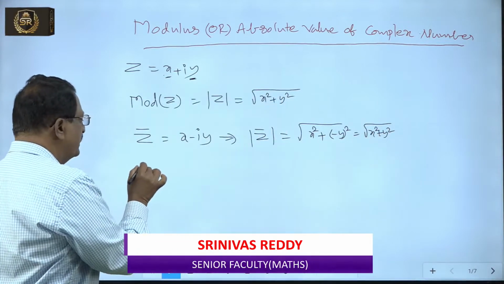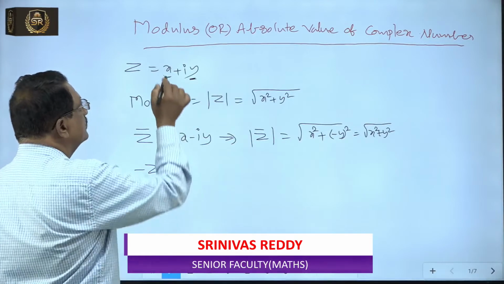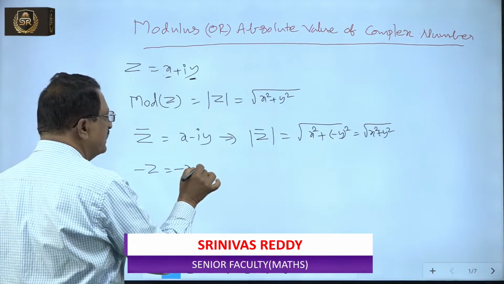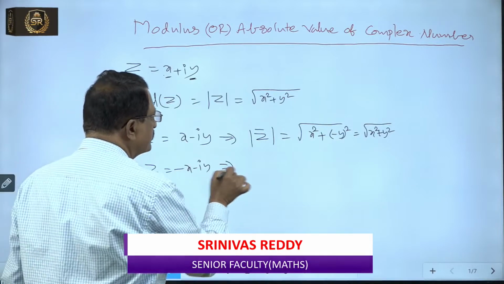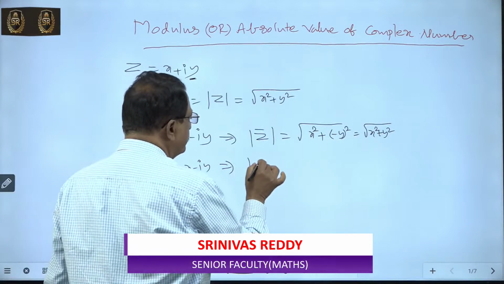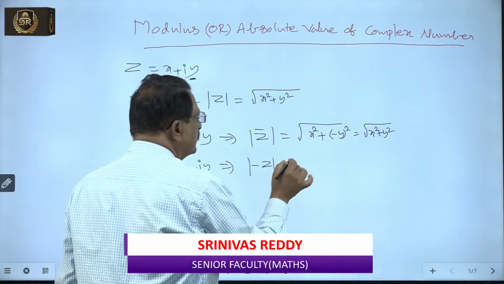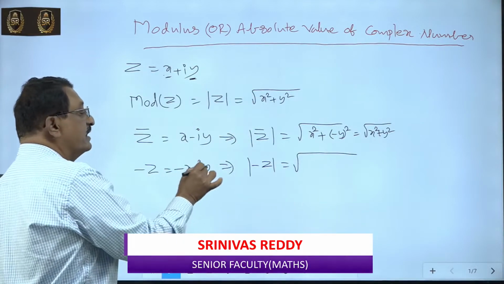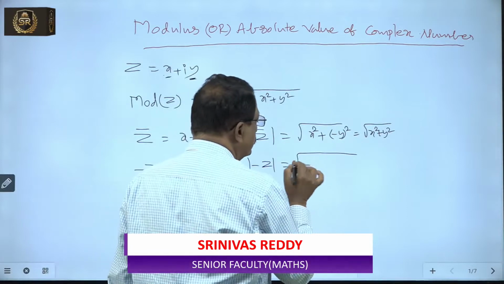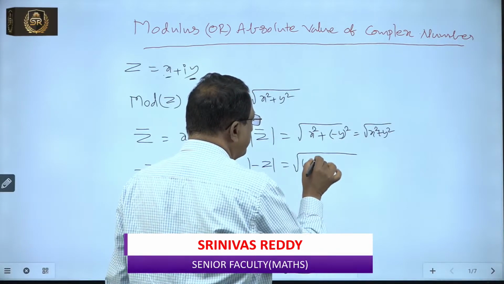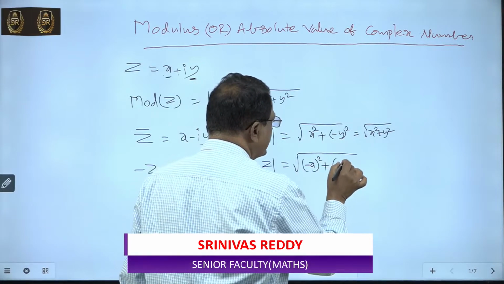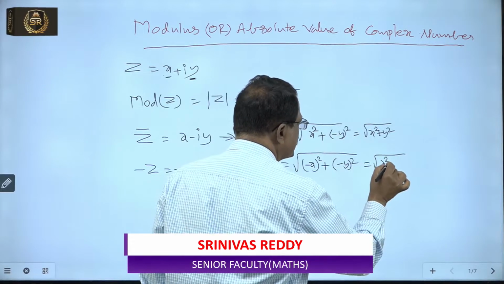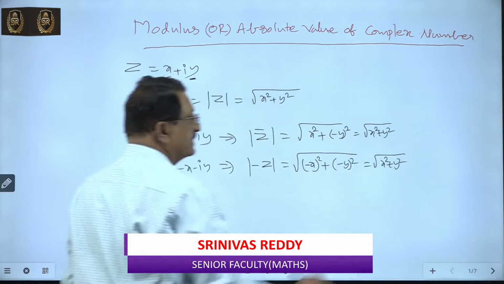Next, minus z equals minus x minus iy, so mod of minus z equals the square root of minus x whole square plus minus y whole square, which equals the square root of x square plus y square.